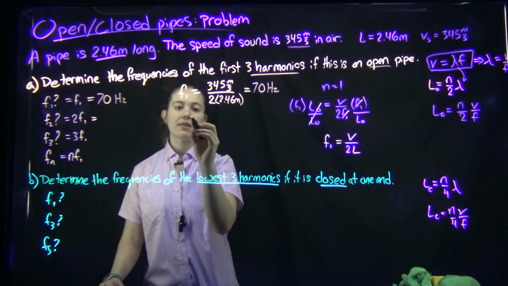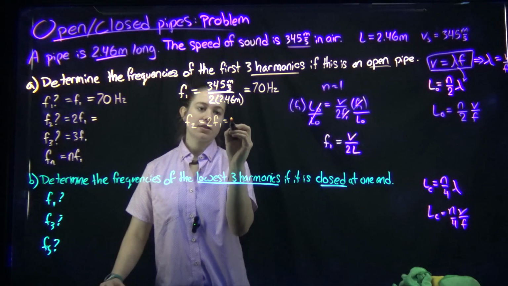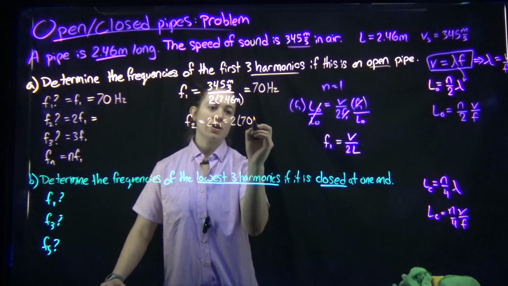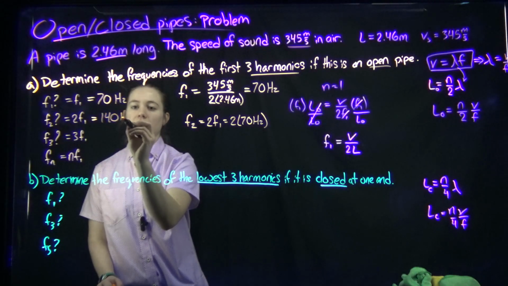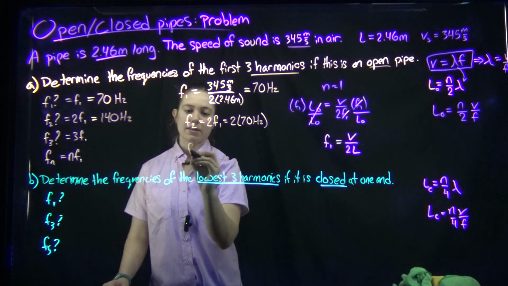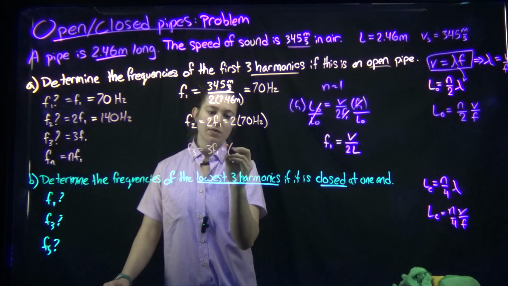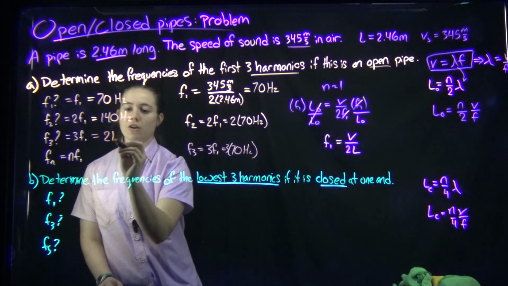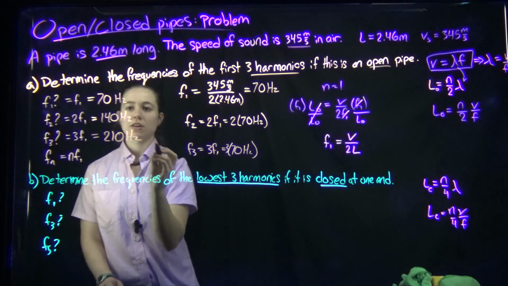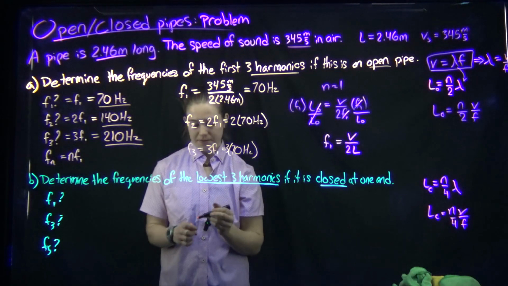F2 is going to be 2 times F1, just 2 times 70 hertz. That's going to be 140 hertz. F3 is 3 times F1, 3 times 70 hertz, and that is 210 hertz. So those are our frequencies for the first three harmonics.